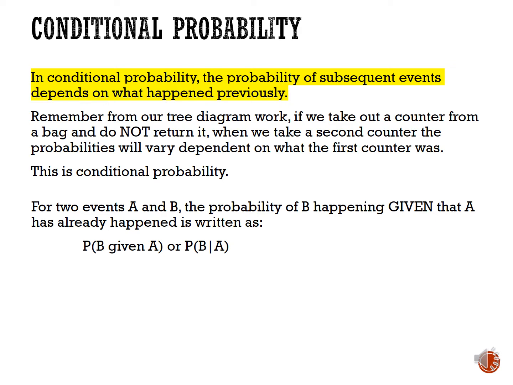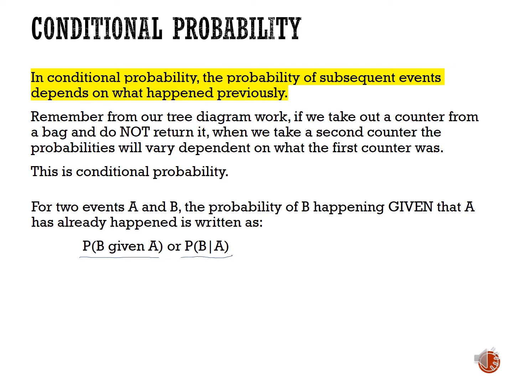So we've got two events A and B, and if we ask what is the probability of B happening given that A has already happened, there are two different ways of writing it. This is the way that you'll see written in the book, more of a wordy way, probability B given A. But it could also be presented to you with this vertical line in the middle.